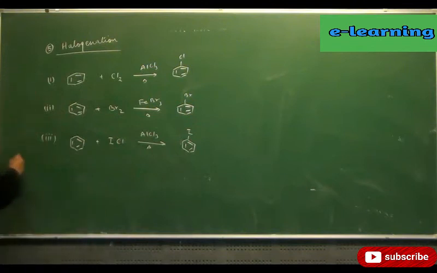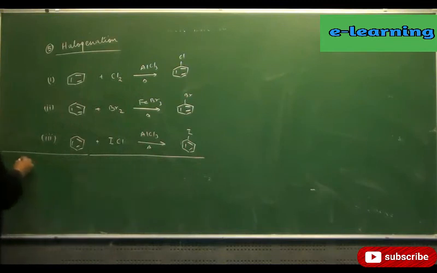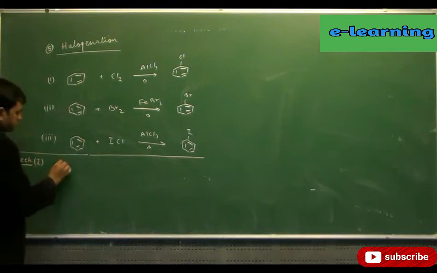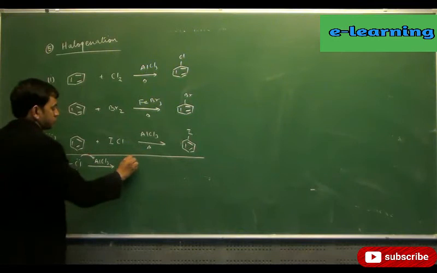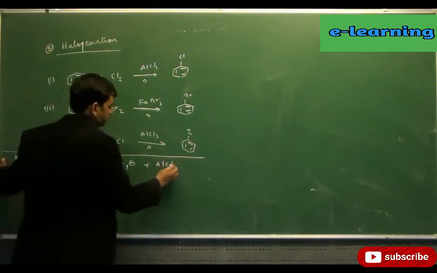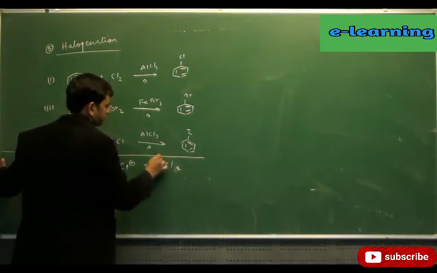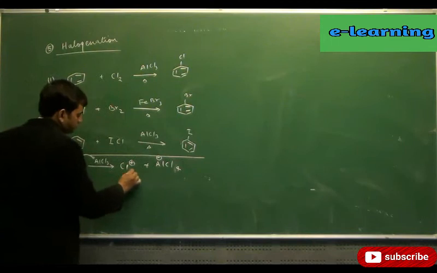First, generation of electrophile. This is called chloronium.